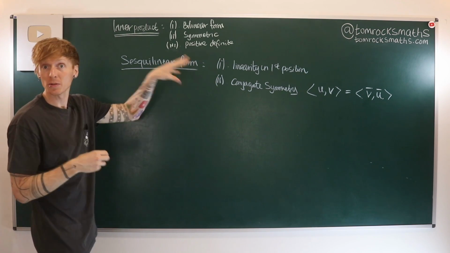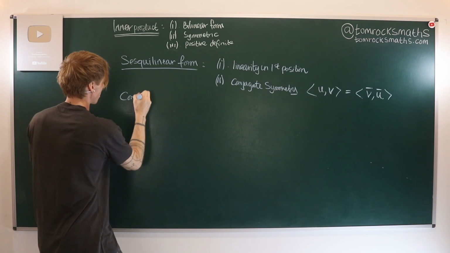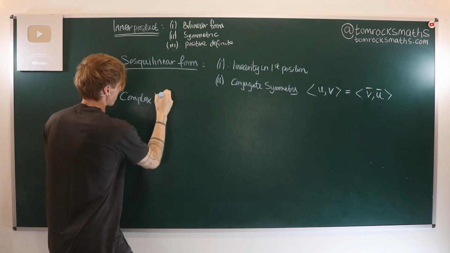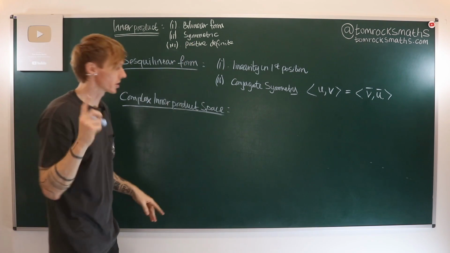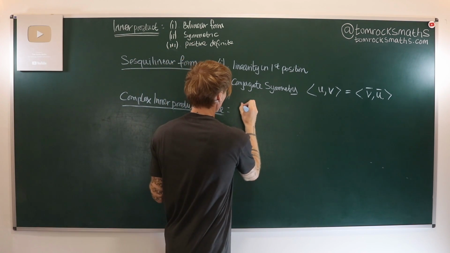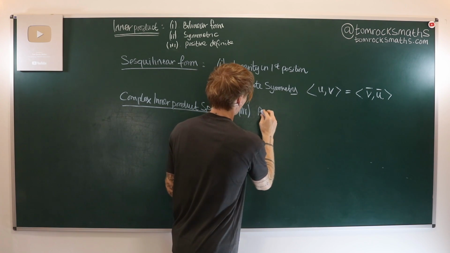So these two give you your sesquilinear form, and then if we also want the complex inner product space, that requires a sesquilinear form, so 1 and 2, but you also need the third property, which is again positive definite.